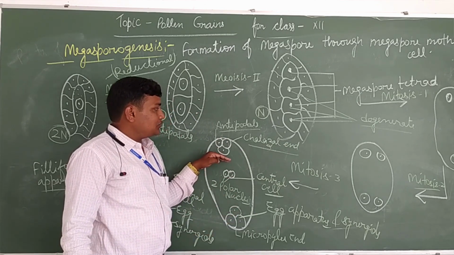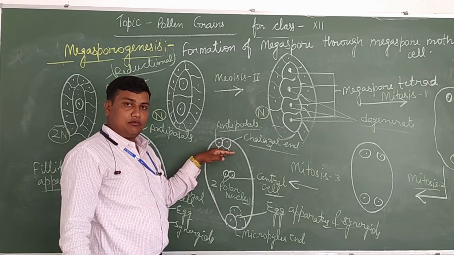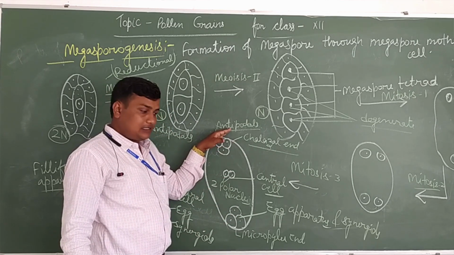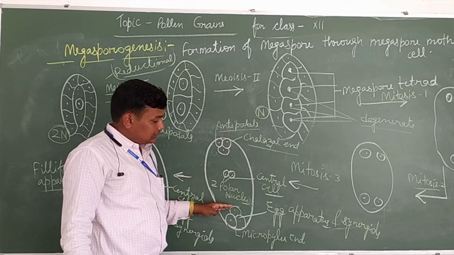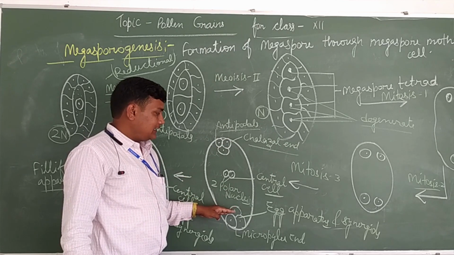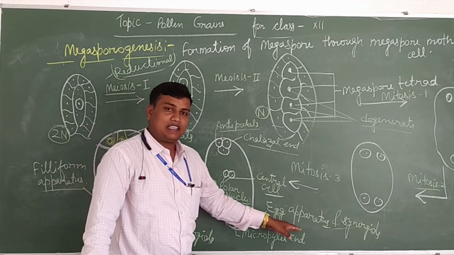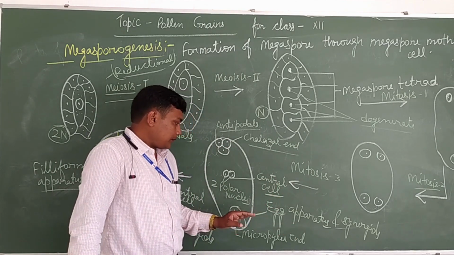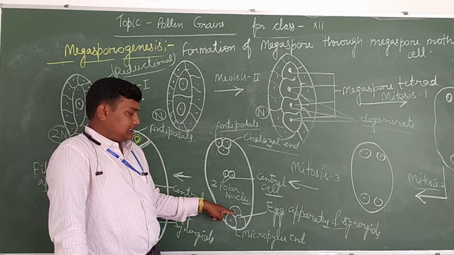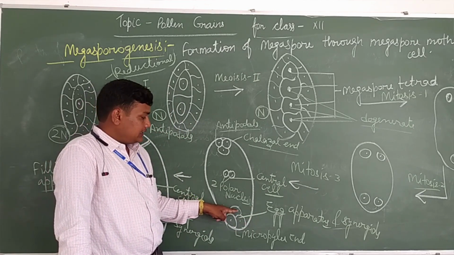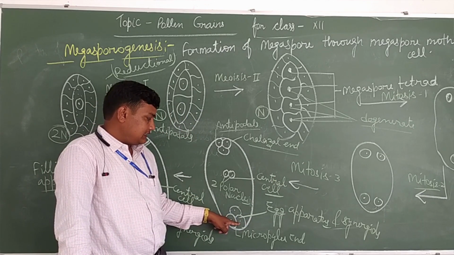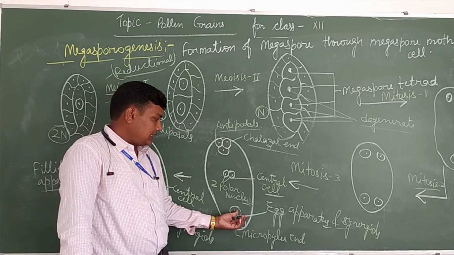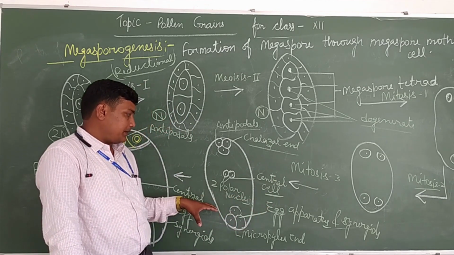The cells which move toward the chalazal end modify into antipodals, and the cells which move toward the micropylar end form the egg apparatus and synergids. The egg apparatus is the female gametophyte. Along with the synergids, they form the egg apparatus.